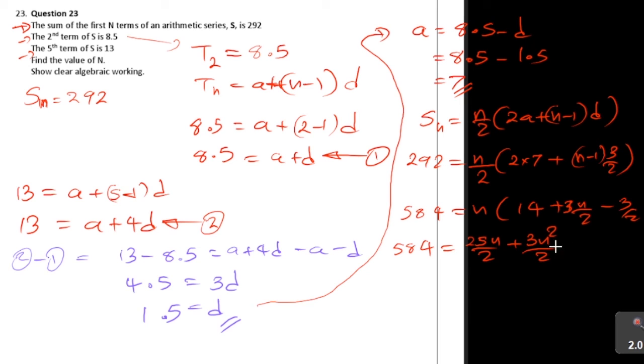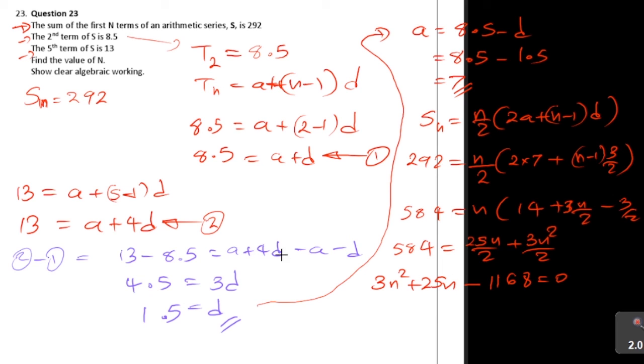I'm going to get rid of the 2 again by multiplying everything by 2. So it will be 3n squared plus 25n minus 584 into 2, 1168 equals 0. Now this is solving a quadratic equation.